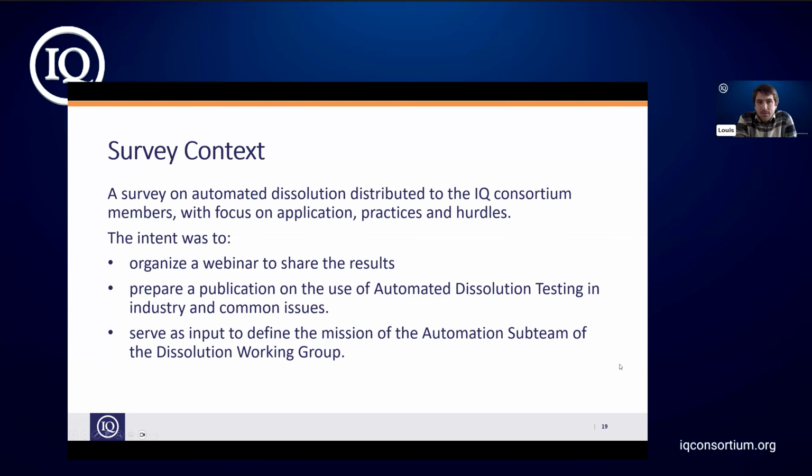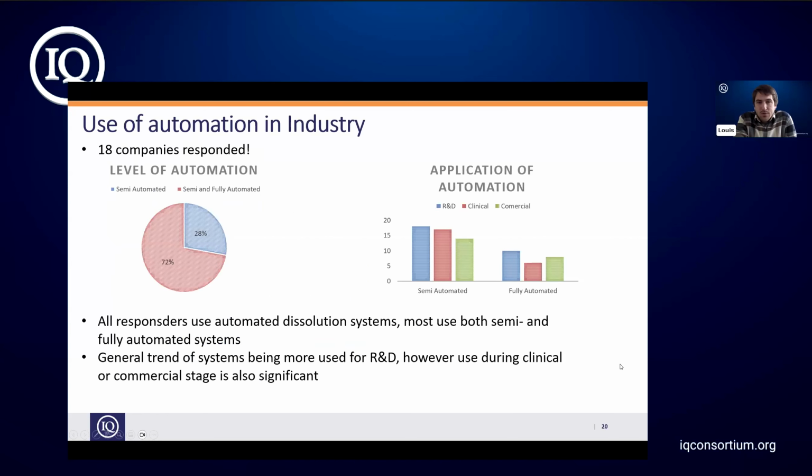Next slide, please. So for starters, we had quite a good response. We had 18 responding companies. That doesn't mean it's 18 individuals responding. There might be multiple users within the same company, and the companies just submitted a consolidated answer. Within those companies, there might actually be different labs or users using automated systems.